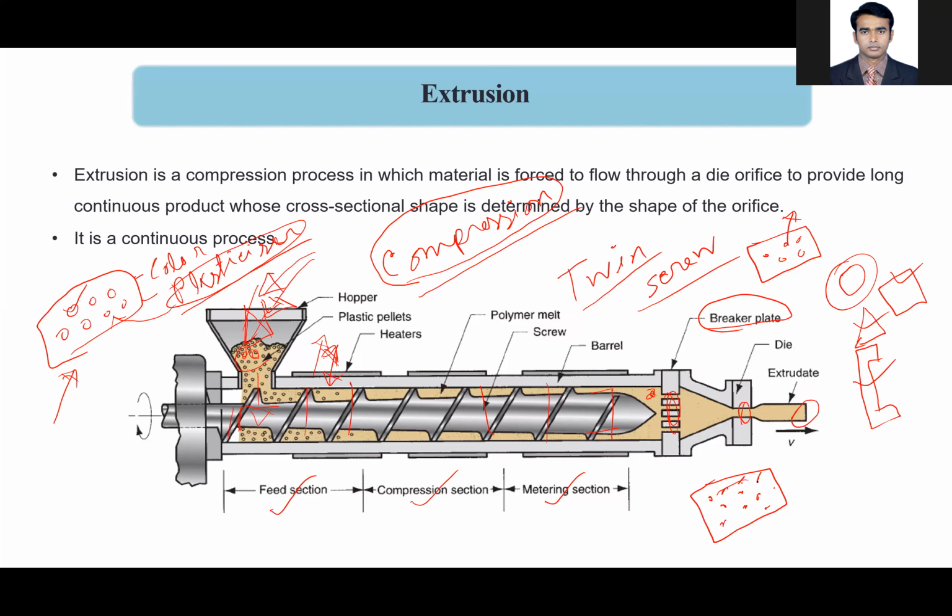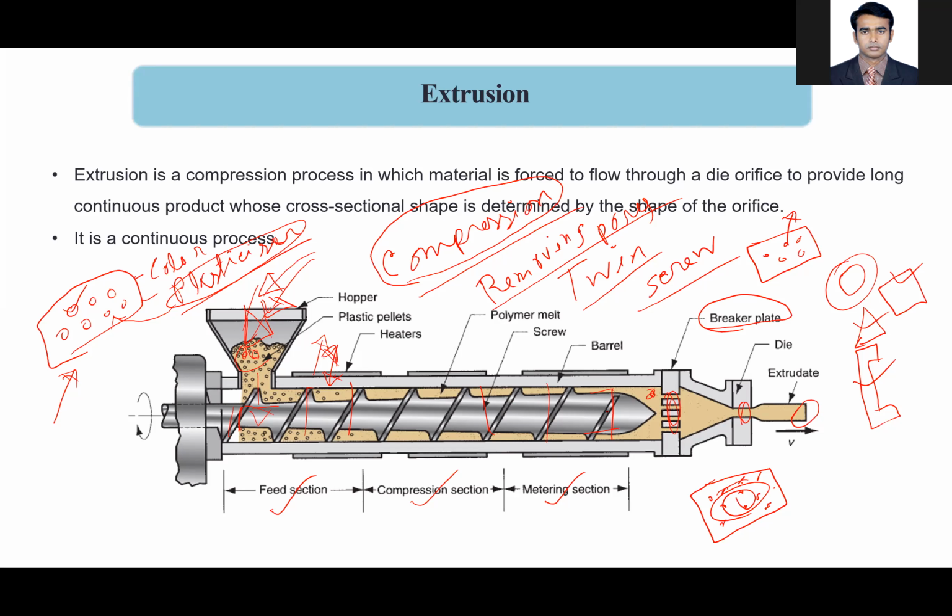So high pressure is required to flow the plastic through these holes. Because of these two reasons, one is compression, another is removing the pores, the screw gradually gets a larger diameter.